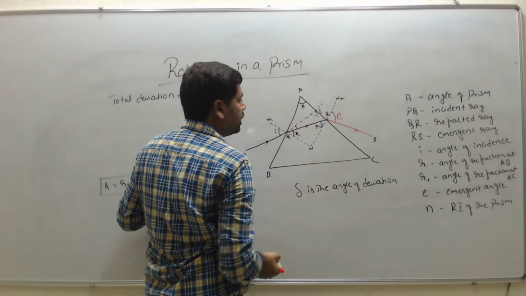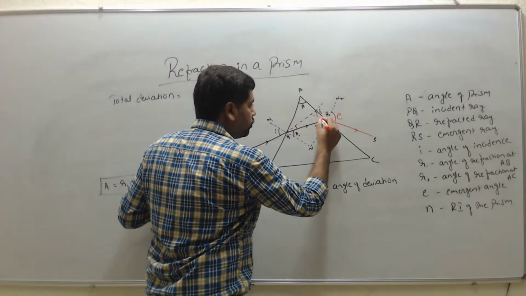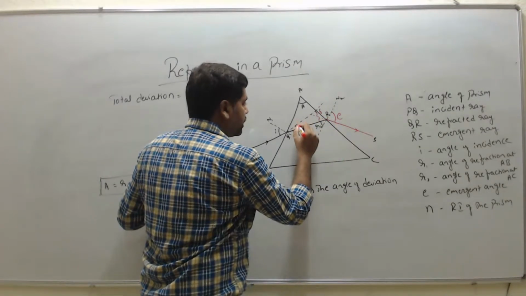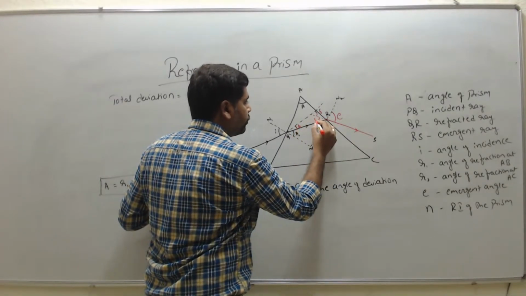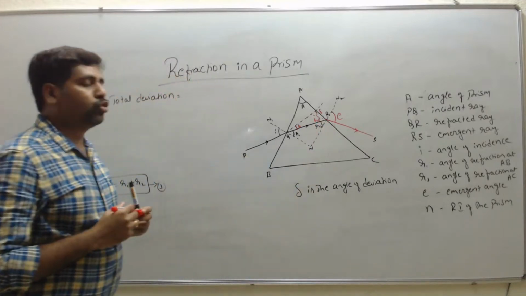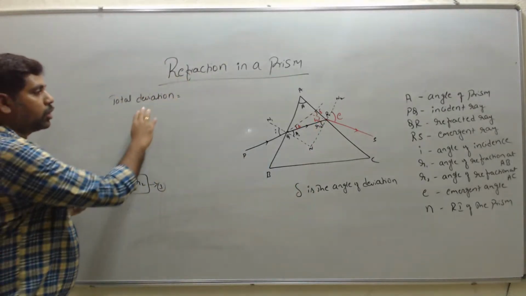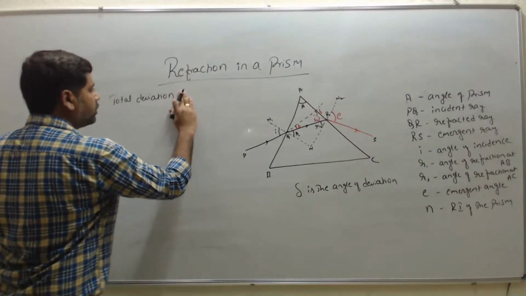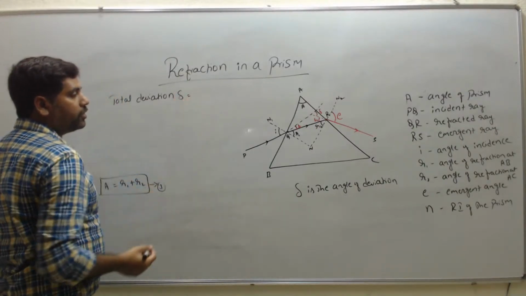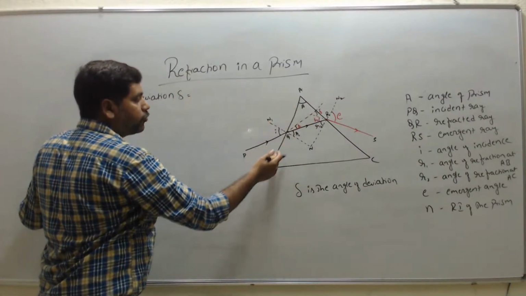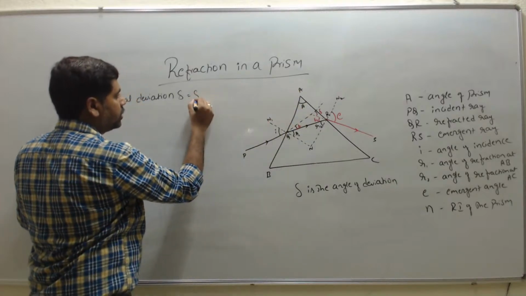This angle is the deviated angle, and here also we have a deviated angle. Consider them as delta 1 and delta 2.